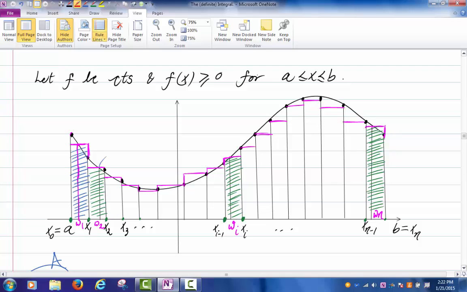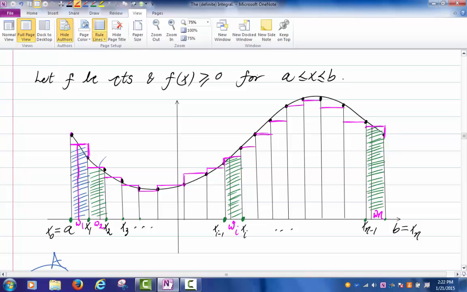Look at the limit of the Riemann sum as n goes to infinity, meaning that as the subintervals are shrinking, the Riemann sum is going to approach a number, and that number is the definite integral.